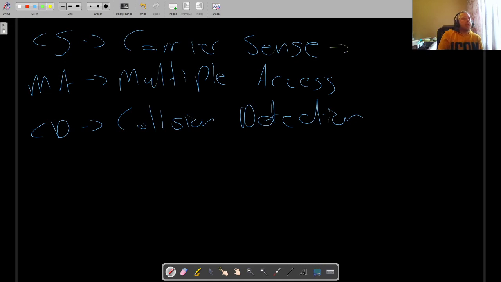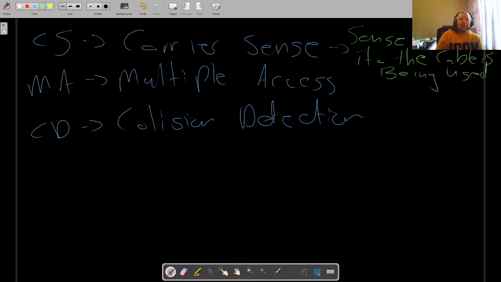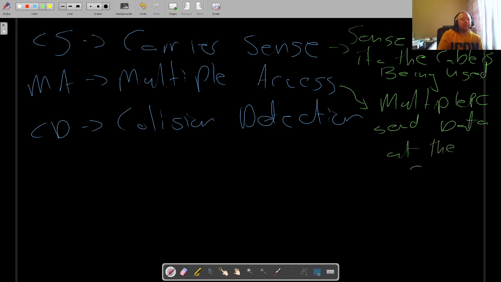CS, carrier sense, it can sense if the cable is being used. So it knows that the cable is already being used by another device, so I cannot send or receive data. Multiple access just means that we can have multiple PCs send data at the same time.